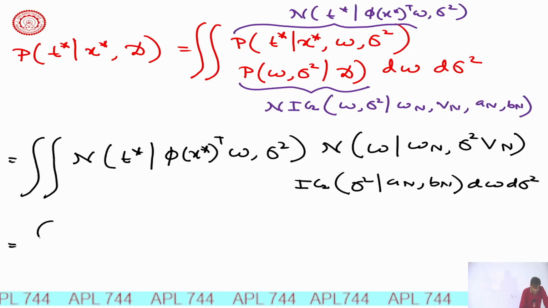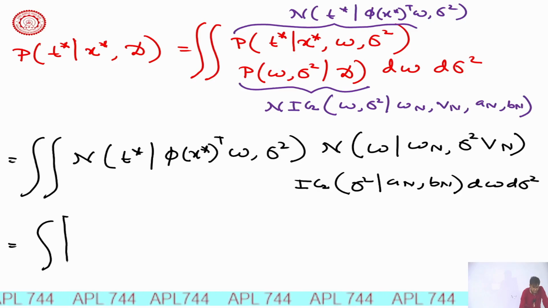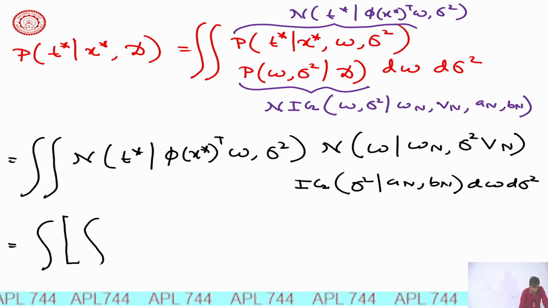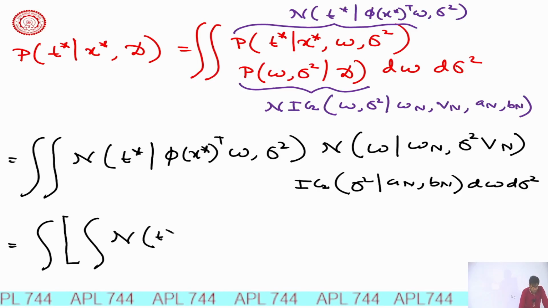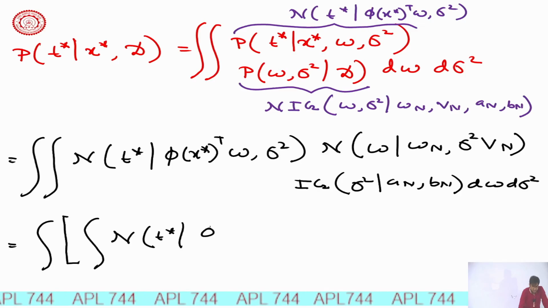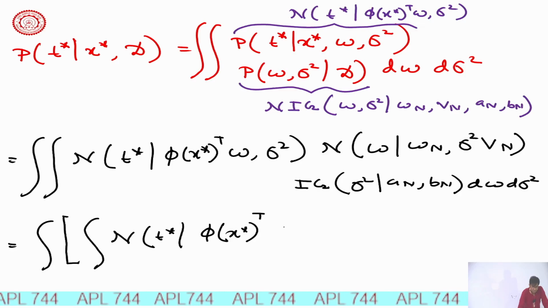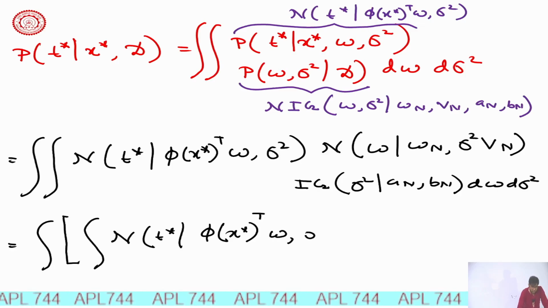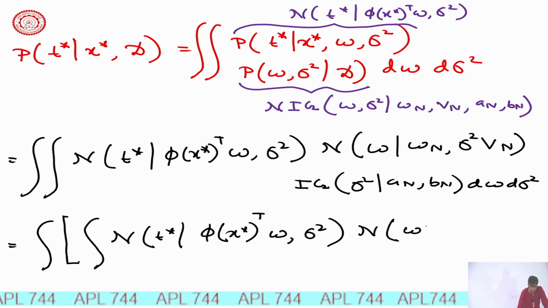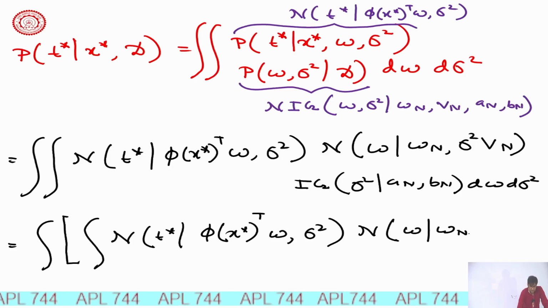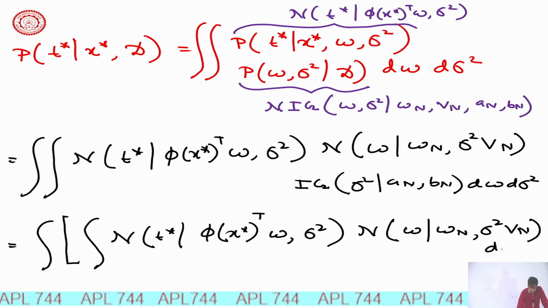Let me write it down. So this is over sigma square, and then let us write over W: Gauss T star given phi of x star transpose W comma sigma square multiplied by Gauss W given Wn comma sigma square Vn dW.